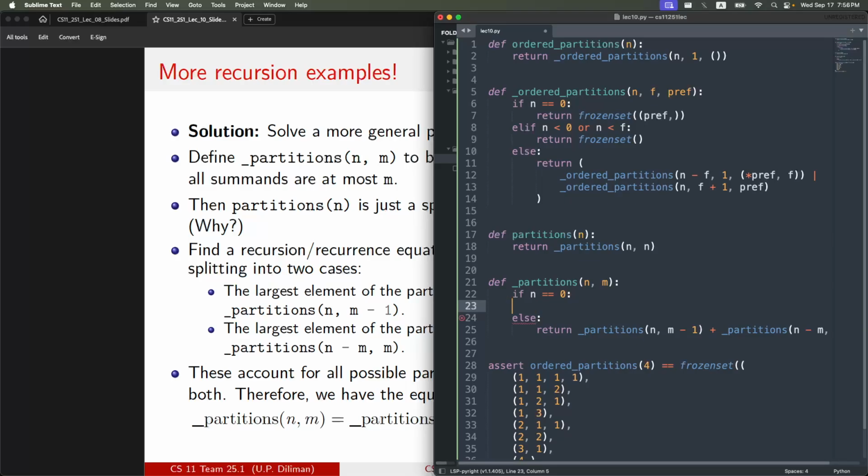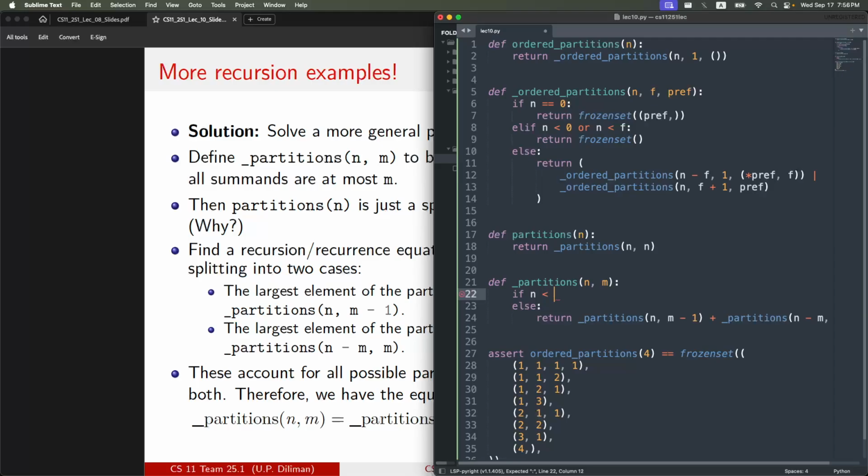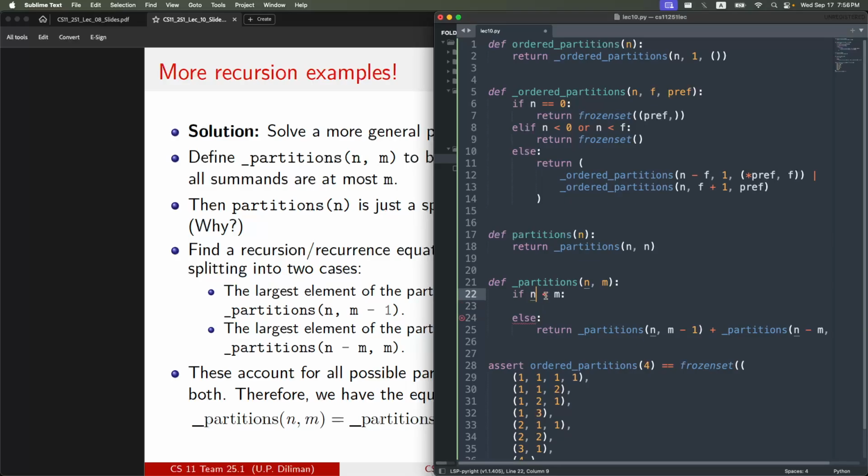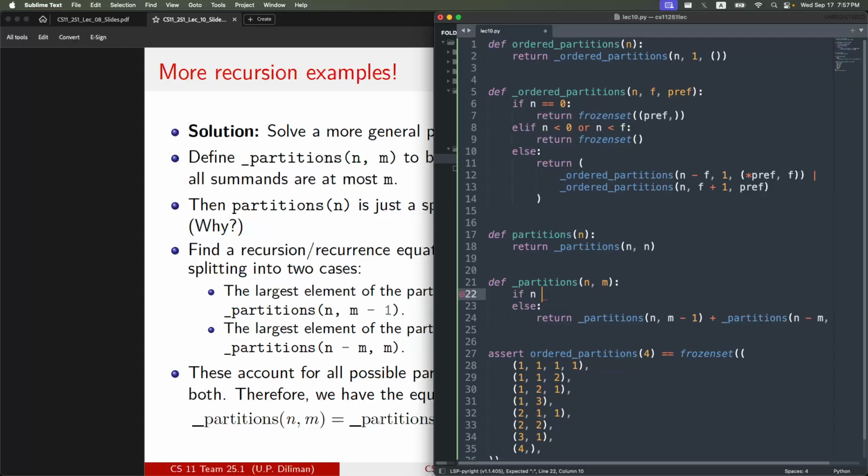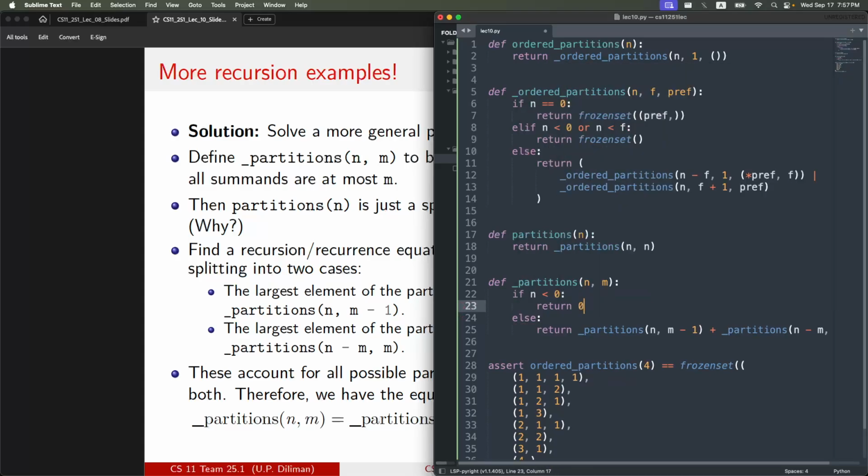No, sorry. If n is less than m, then there's no way to partition n where, no. What does m mean again? The size of the largest summand. No. If n is less than 0, then there's no way to solve that. You cannot partition a negative value.